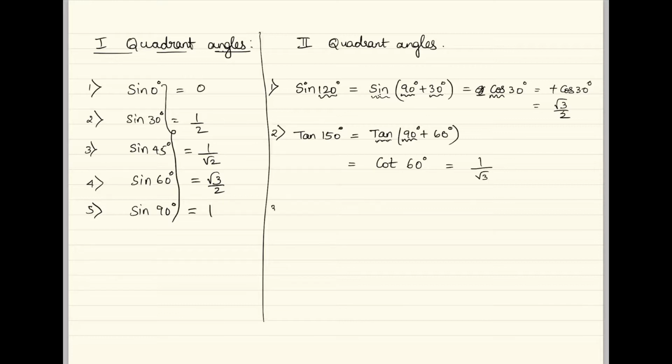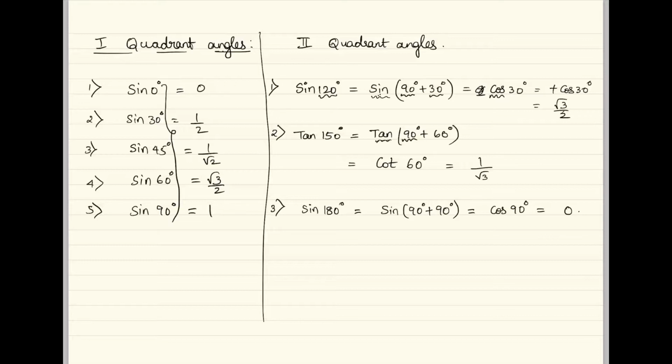Right, let's take another example. Sine 180 degree. How much is sine 180? Okay, let's do it by this method first, and then we will discuss some other easy method. Sine of 90 plus 90 will be cos 90, that is 0.